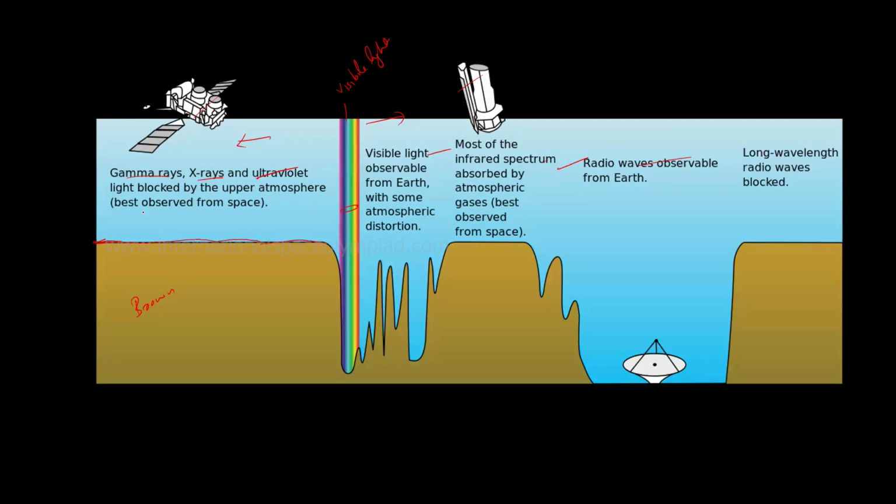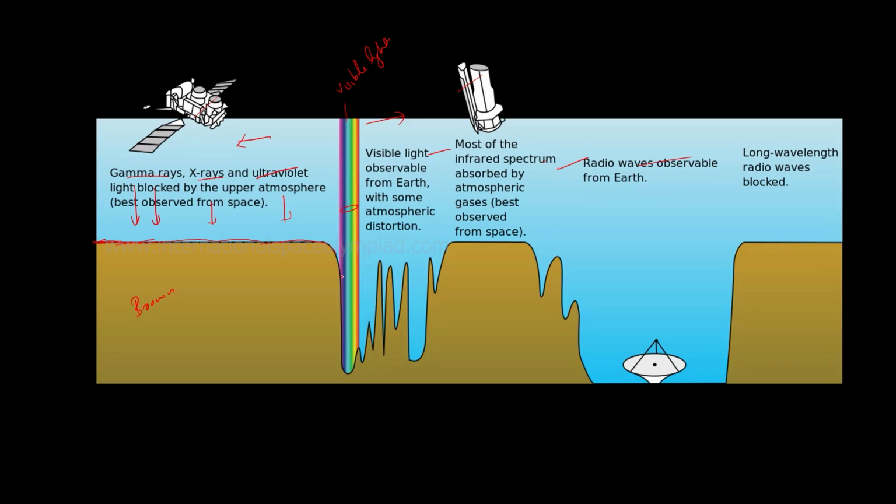If gamma rays are coming from here, they will be blocked by the atmosphere. Here you can see X-rays and ultraviolet. Up to ultraviolet, almost all of the light is blocked, so from gamma rays to ultraviolet, those lights are blocked by the atmosphere.